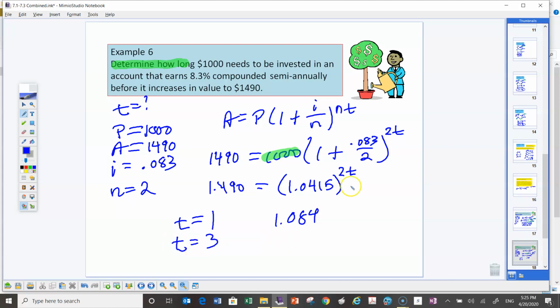So this is going to end up being 2 times 3 is 6, 1.0415 raised to the 6th, and that works out to be 1.27. So let's try t being 5. 2 times 5 is 10, so 1.0415 raised to the 10th is 1.50, and that's fairly close. So therefore, we can approximate that t is going to be approximately 5 years. So we're going to have to invest for 5 years in order to raise that by $490.